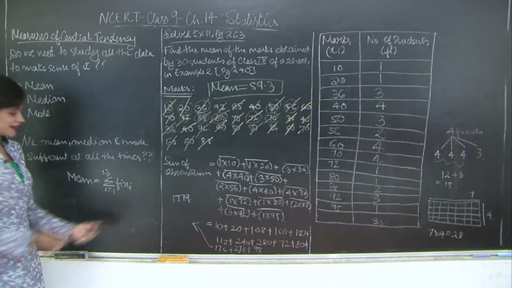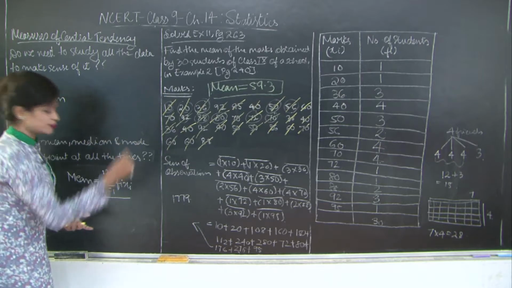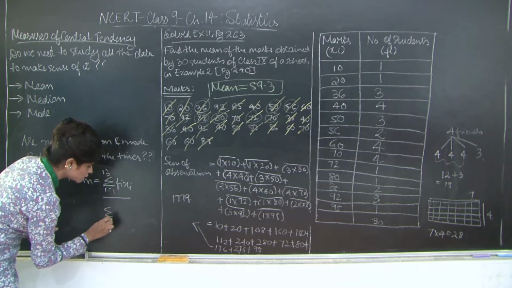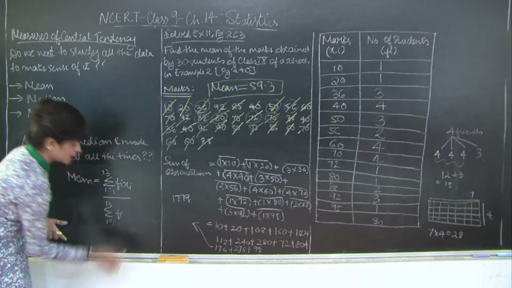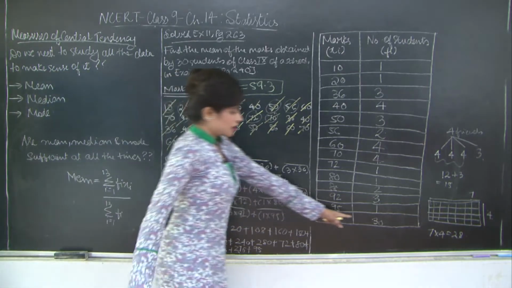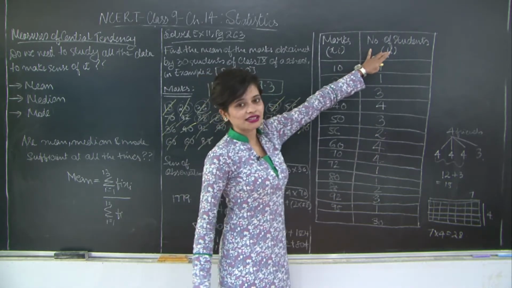So Fi xi. And what is it going to be upon n? No, it is going to be upon summation i equal to 1 up to 13 Fi, because this is 30 out here, which is the total number of observations, and what is it giving us? Fi.